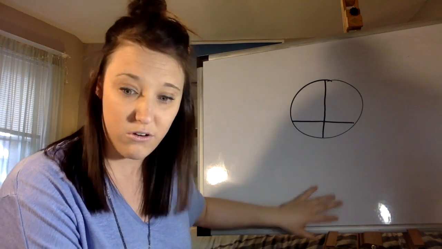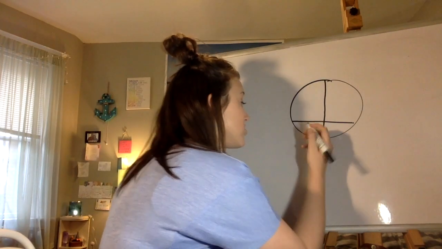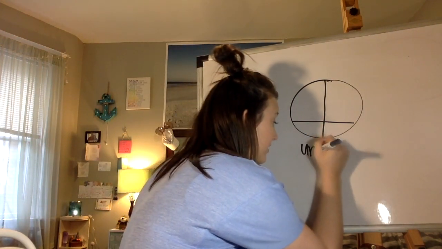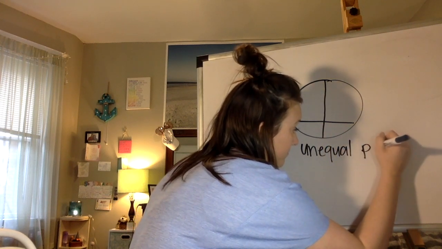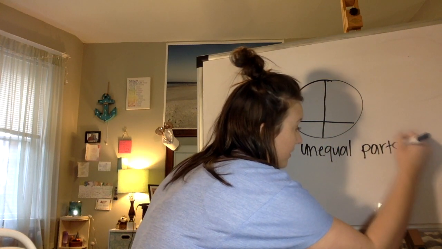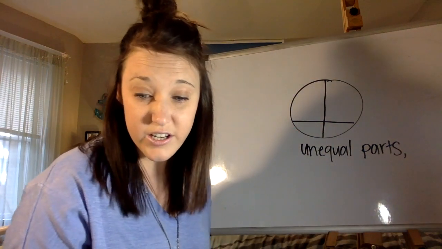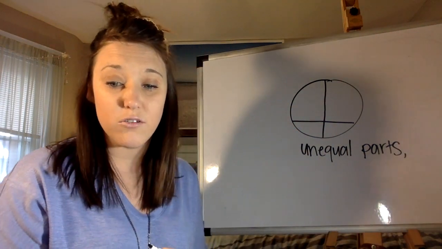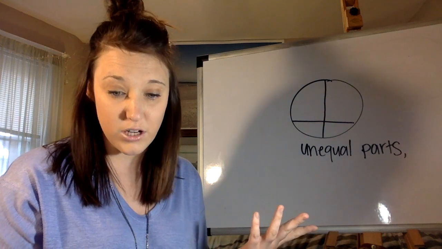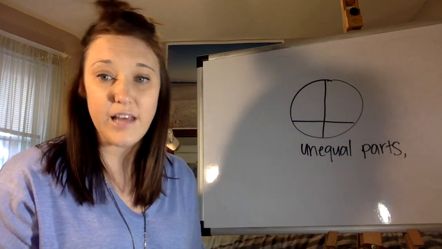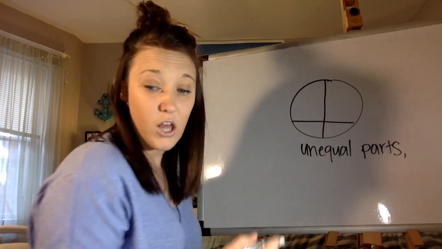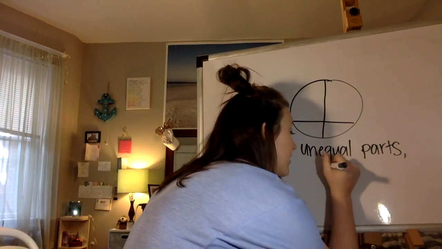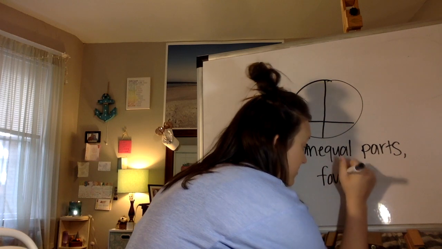It's not equal, okay? So we're going to say this shape has unequal parts. That's the first part of the question. And we need to know what it is. So, as our hexagon was halves, we have 1, 2, 3, 4 parts of our circle. So they're unequal parts and it's split into fourths.